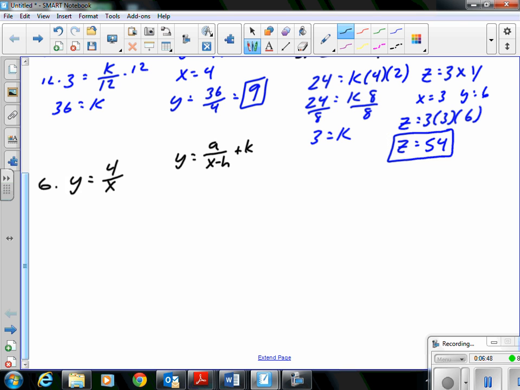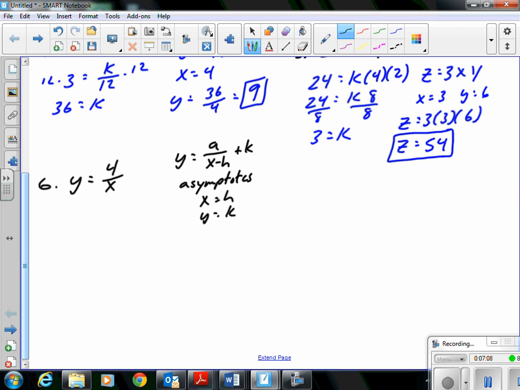And when we have an equation in that format, our asymptotes, remember, are the line x equals h and y equals k.